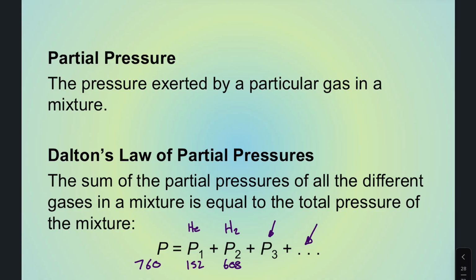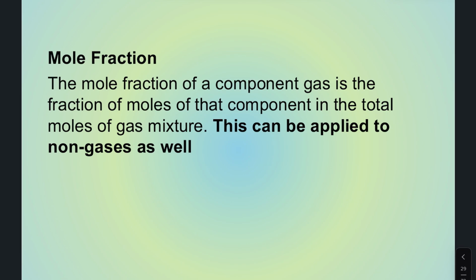Sometimes it's just those two gases. And so from this, we can also get mole fractions. And so this is a lot like a mass fraction, in that a mole fraction occurs when you are going to divide the part by the whole. So part divided by whole is what's going to give you the mole fraction of something.